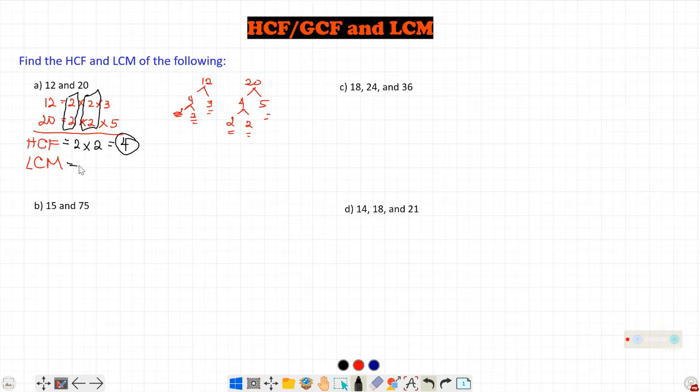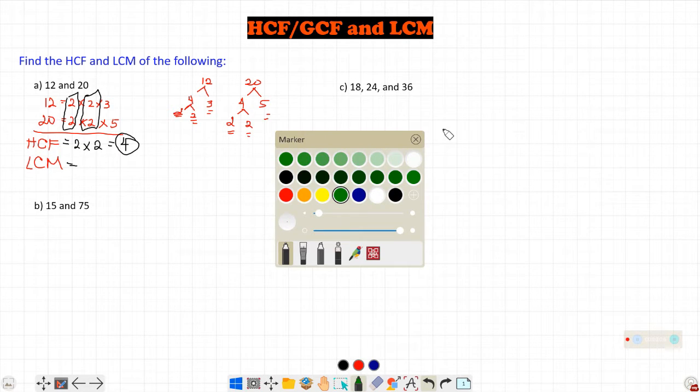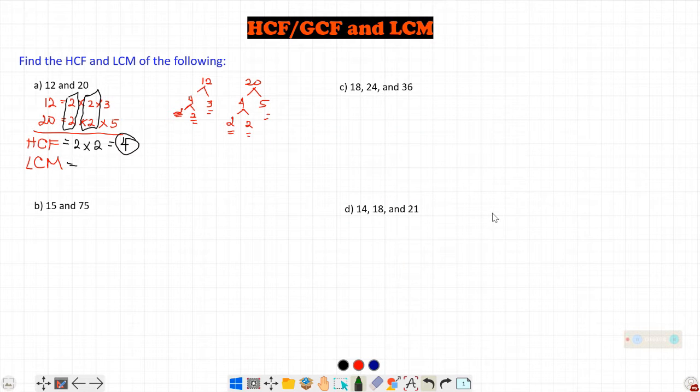Okay, now to get the LCM of these two numbers, you need to get the common factors also. Since we have this 2 and 2 here, that will be written here also below.